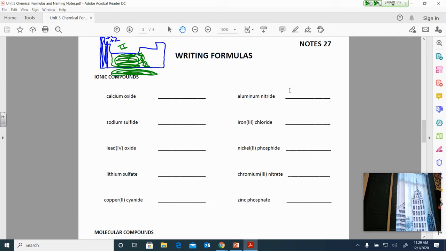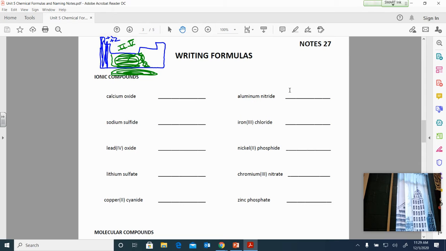So I'm going to draw a little Roman numeral example up there. That's number 2 and a 5. Just to remind you, in this set of notes, anything found in that section needs a Roman numeral after their name to tell you their charge.